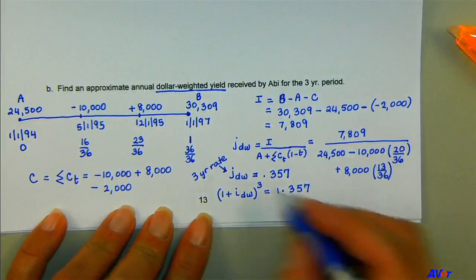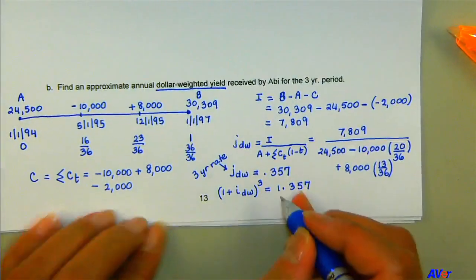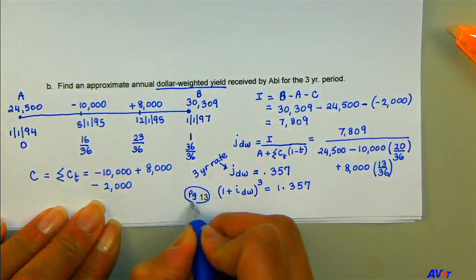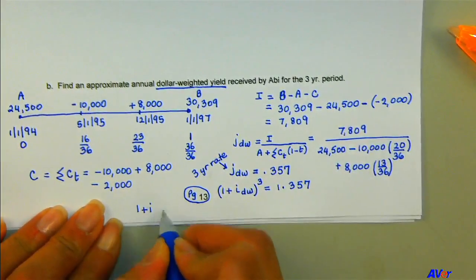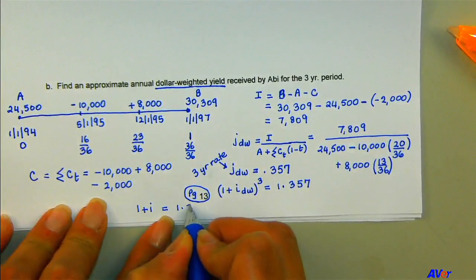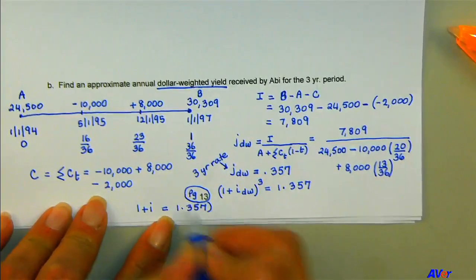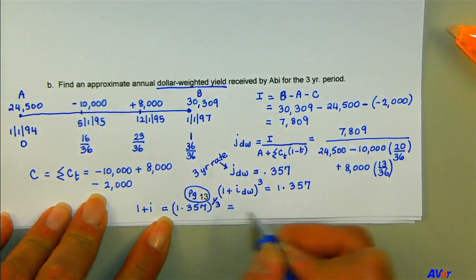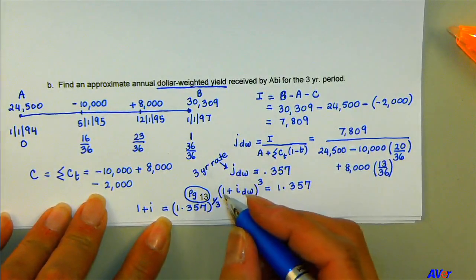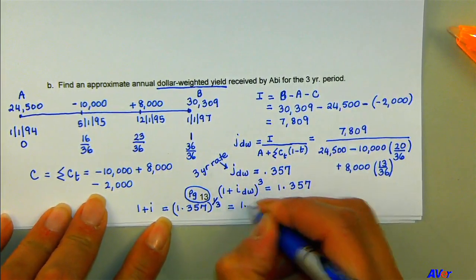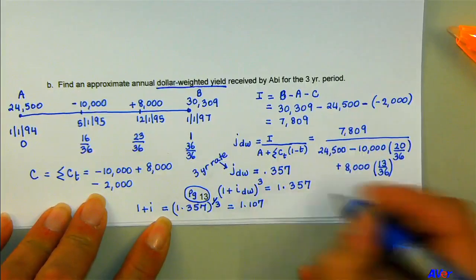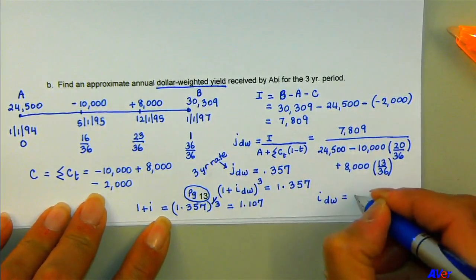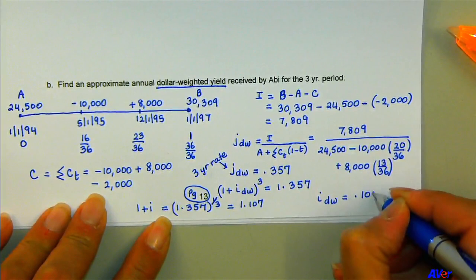And solve. So you get 1 plus I equals 1.357 raised to the 1/3 power, which is equal to 1.107. Therefore, I dollar weighted is equal to 0.107.